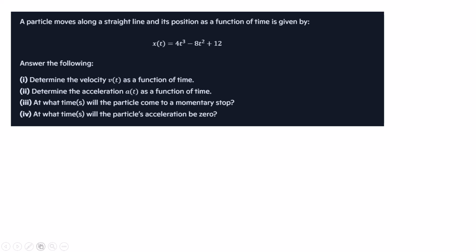So basically, the position of the object is given by x of t equal to 4t cube minus 8t square plus 12. If you are given the position, taking the rate of change of displacement, that is nothing but differentiation, will give you velocity.